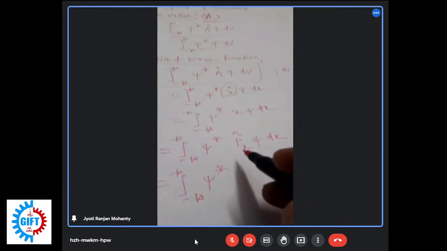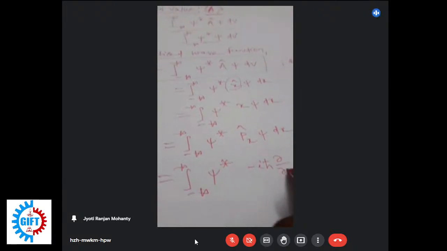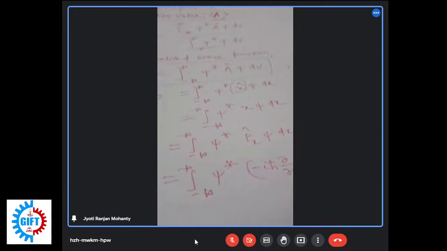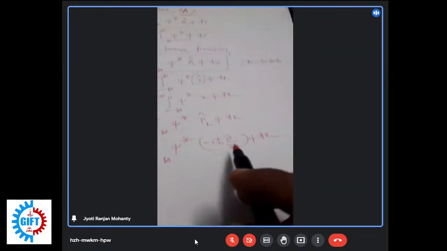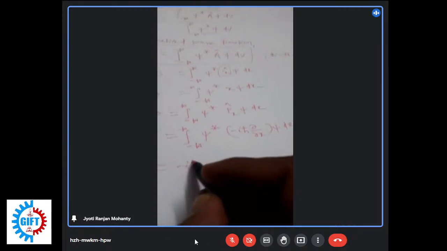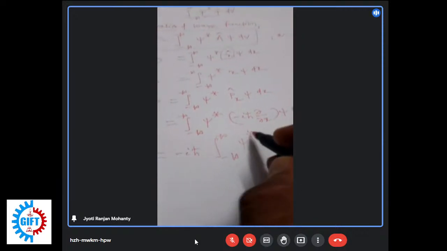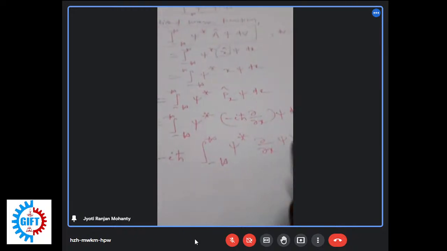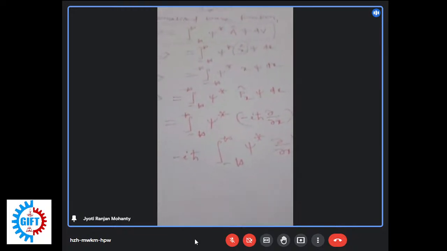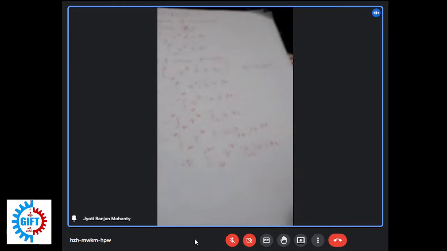What is the px cap? Minus i h cross del by del x. Since minus i h cross is constant, taking it outside, the integration of psi star, what is the remaining term? Del by del x of psi into dx. So this is the formula for the expectation value of linear momentum.